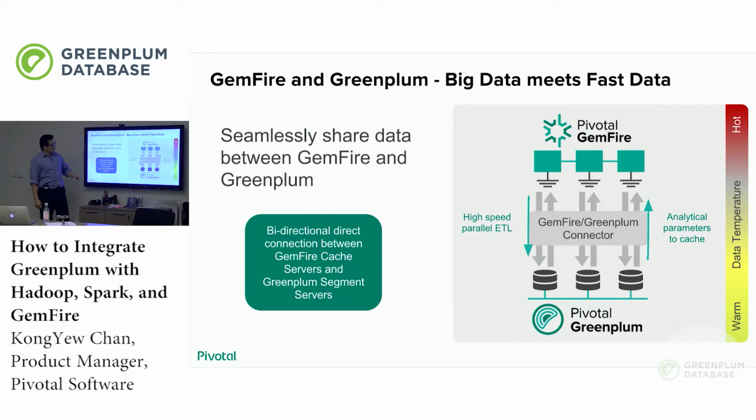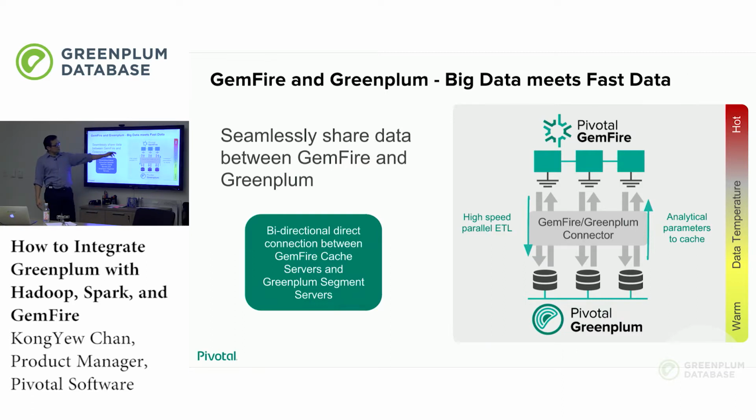So the connector itself here is transferring data from Greenplum to GemFire. And in some cases, you may want the data from GemFire into Greenplum. So on the left-hand side, you are transferring analytics data from Greenplum to GemFire. If you want to transfer data from GemFire to Greenplum, you might be doing high-speed parallel ETL processing.